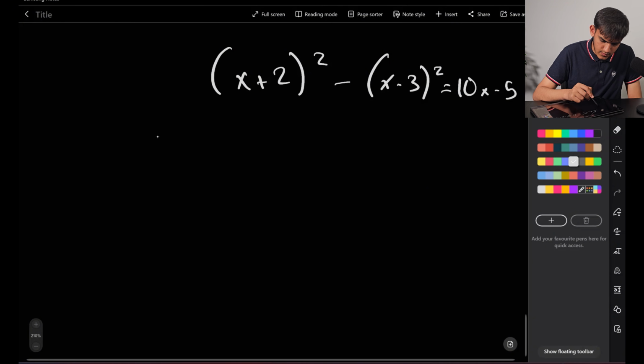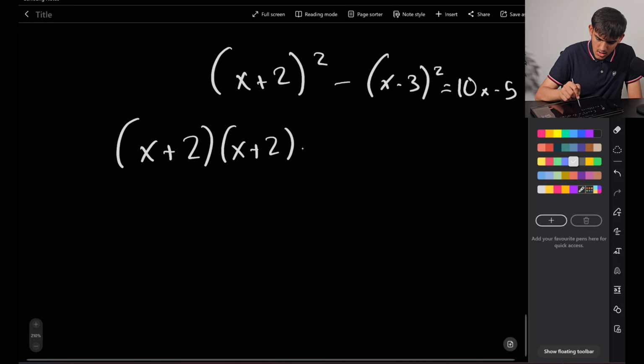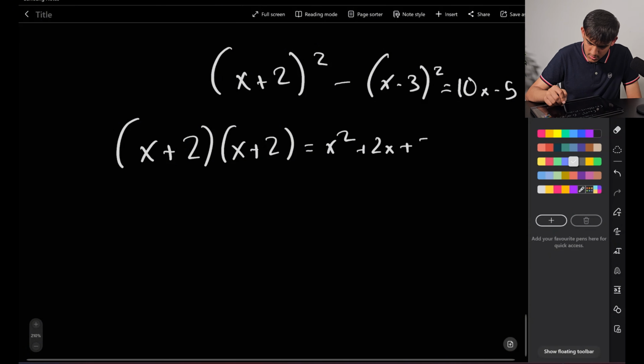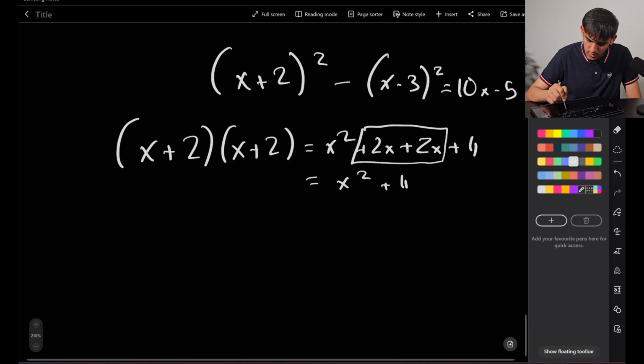So first of all, x plus 2 squared is just expanding and simplifying x plus 2 and x plus 2. So what we'll get here is x squared plus 2x plus 2x plus 4. Obviously, when simplifying, that's going to become x squared plus 4x plus 4. So we've expanded and simplified the first part.